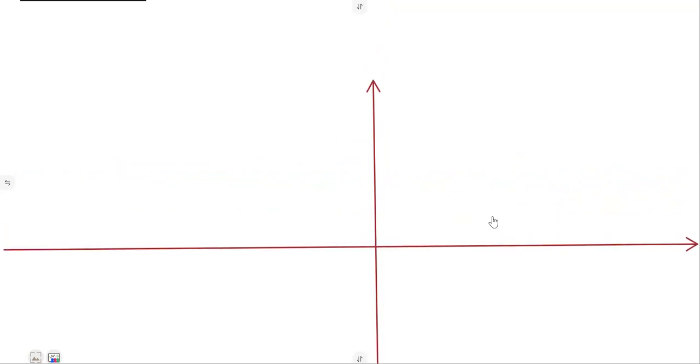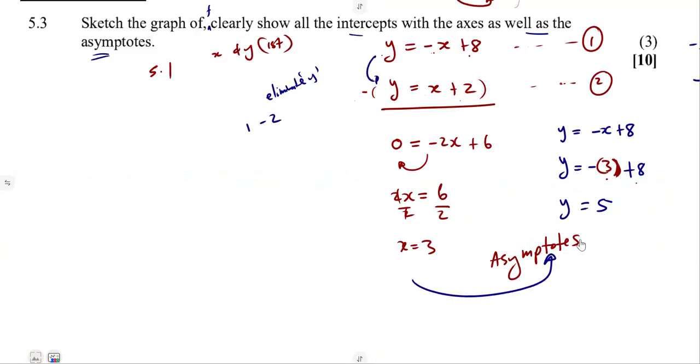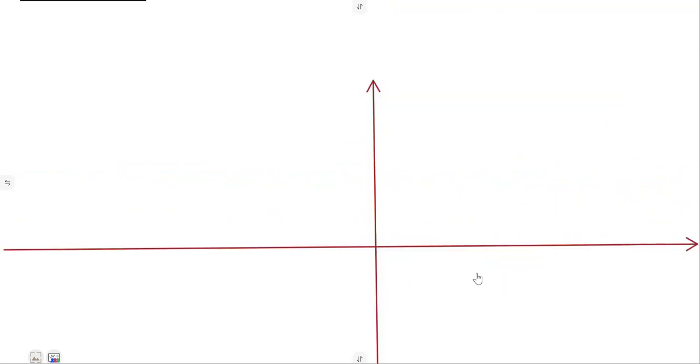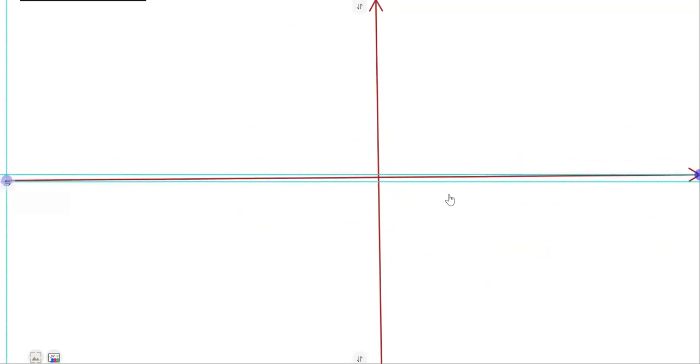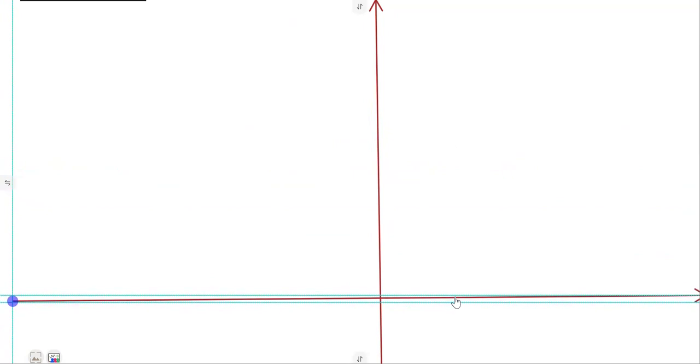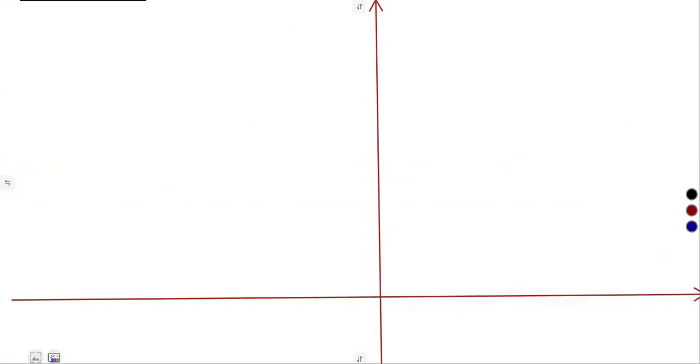The graph is more positive. If you check the asymptote y = 5, that's more positive. So let me take this one down. That's 0, 1.